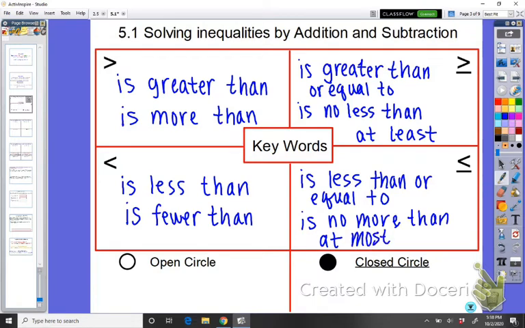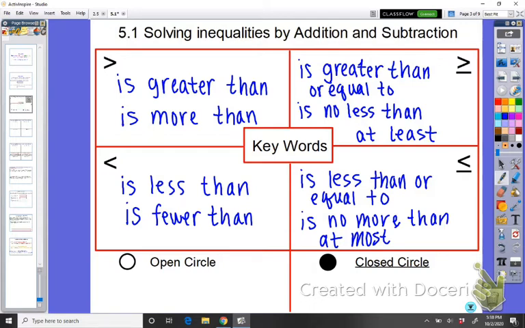And we're going to be graphing these solutions on the number line. So with equations, we got like one answer, x equals 2. But inequalities have more than one solution. So we need to graph their solution on a number line to represent all the solutions possible.